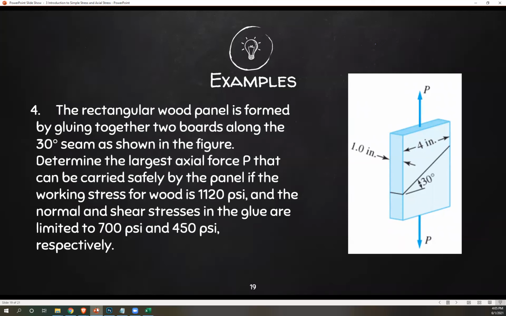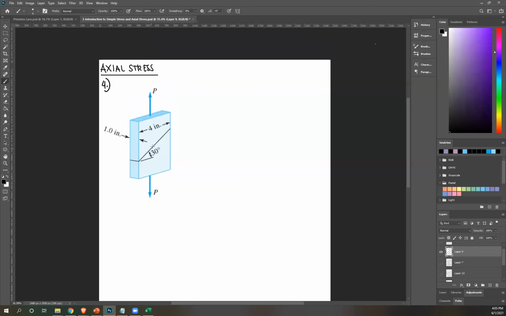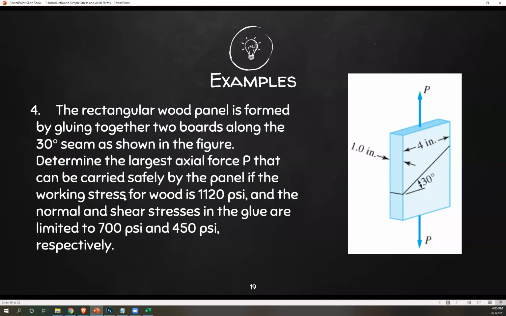So once again, first step, write the given. Theta is 30. Normal stress for wood, I'll call it sigma W, is 1120 psi. We also have stresses for glue.